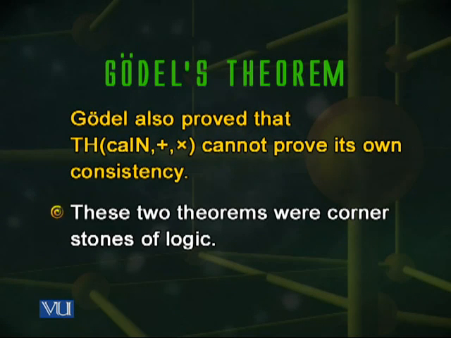These two theorems of Gödel's are extremely important cornerstones in mathematical logic. They changed mathematical logic completely, and they also gave wonderful directions to computer science, to the theory of decidability and undecidability in logic.